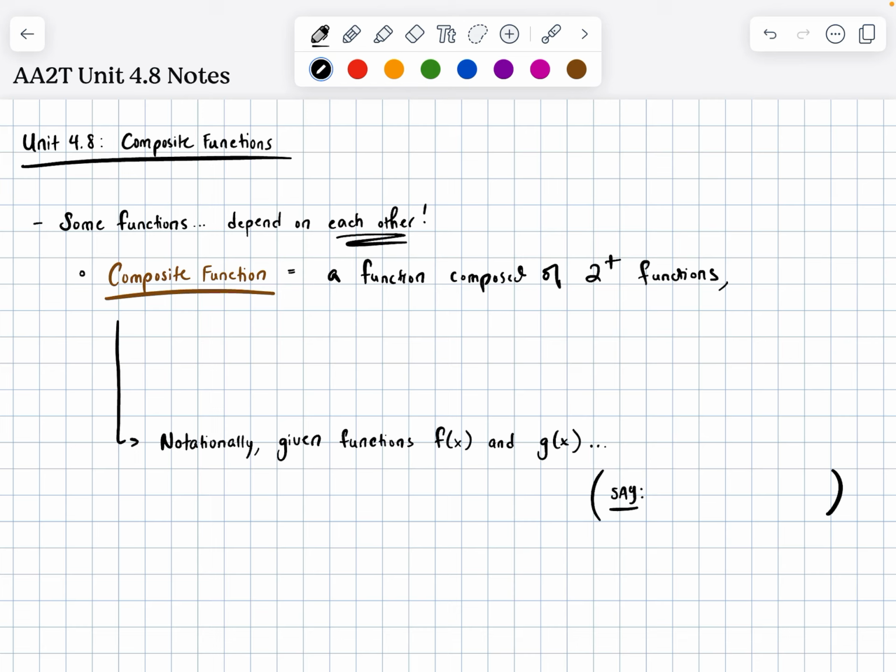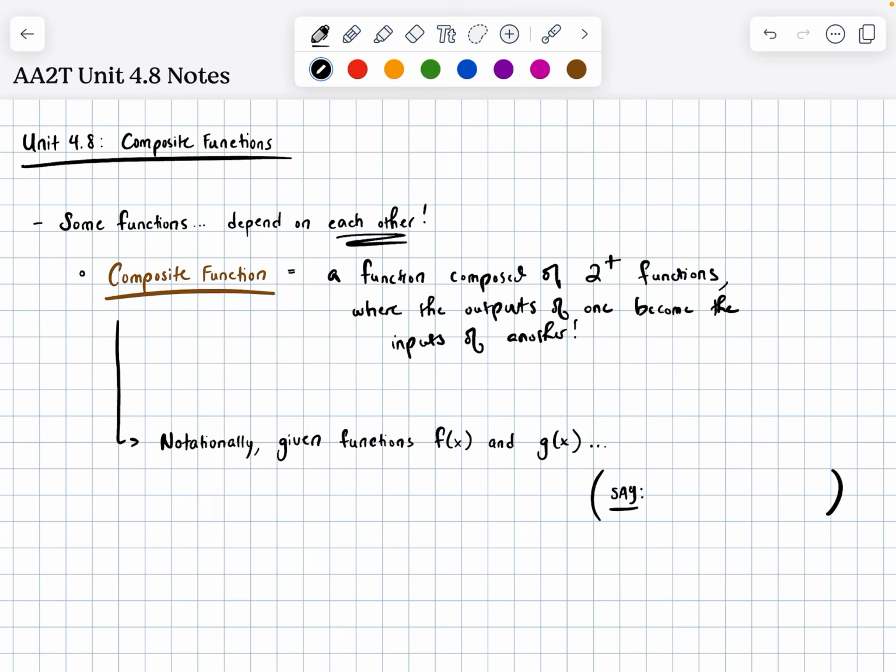And the interesting thing about composite functions is that because they depend on each other, the way that they are related is that the output values of one of our functions will become the input values of another function.